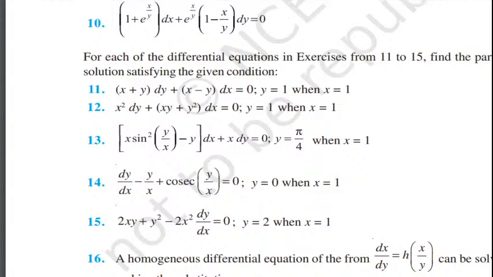So what is that first question? 11th question? X plus y dy. Y equals to 1 and x equals to 1.